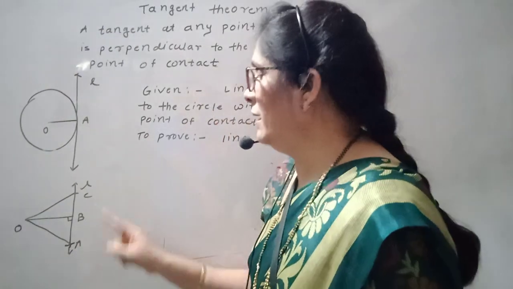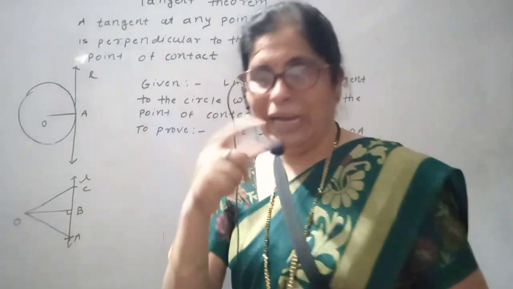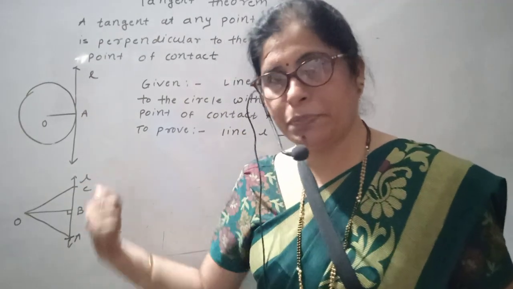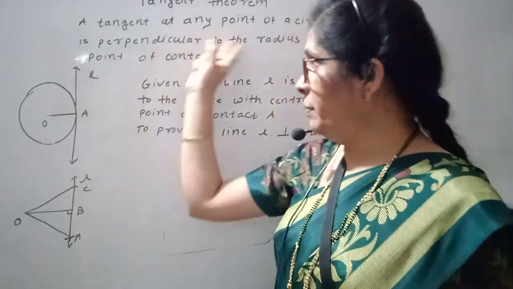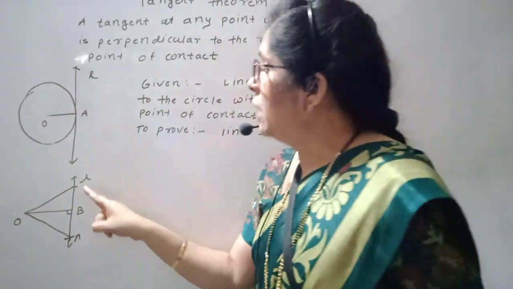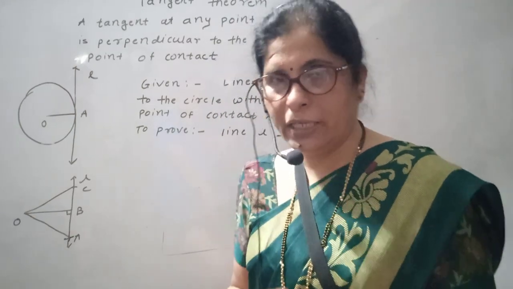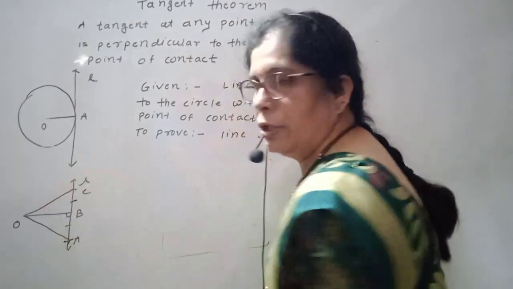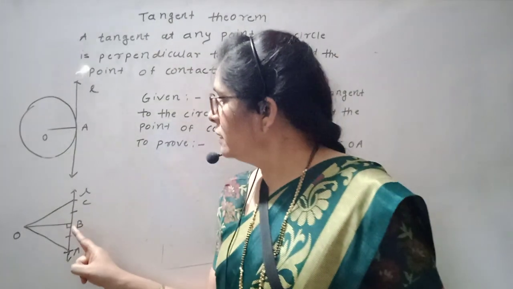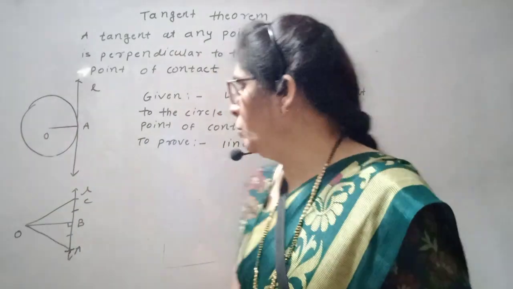Now on line L, B is present because I have considered that OB is perpendicular to line L. Point A is already present because it is given. Now I will take one more point on line L, point C, such that AB is equal to BC.